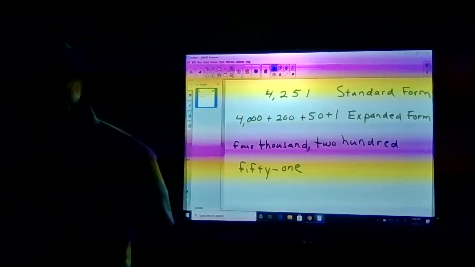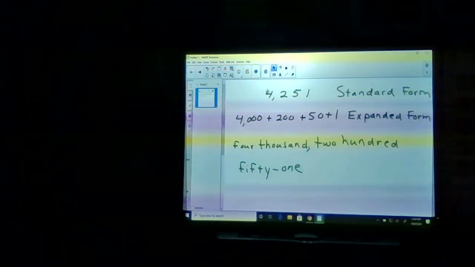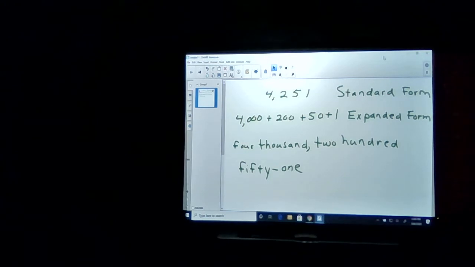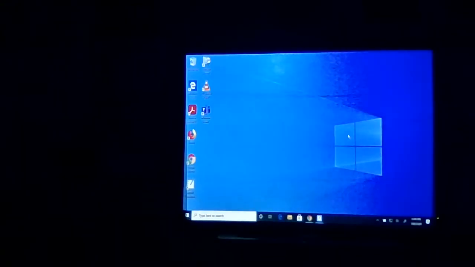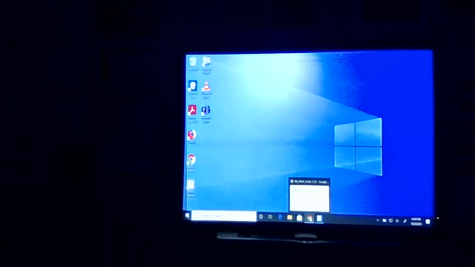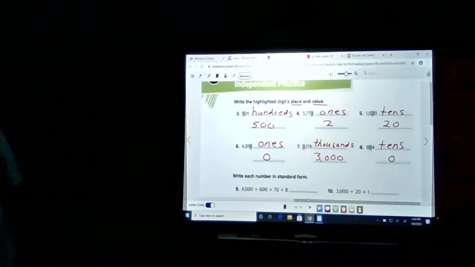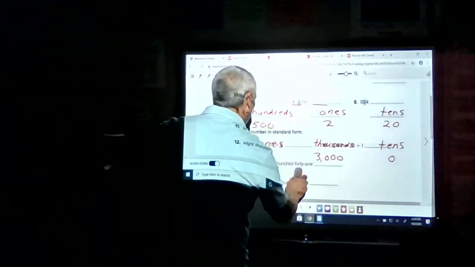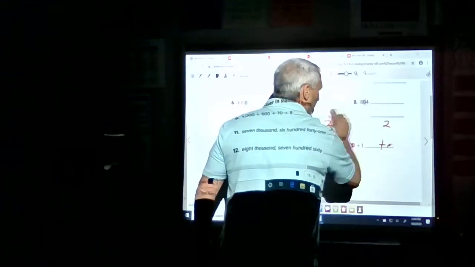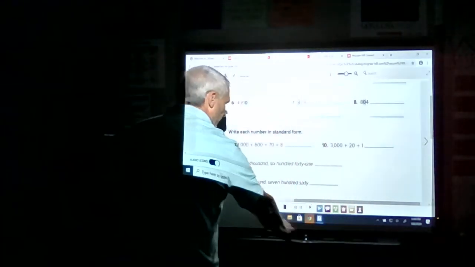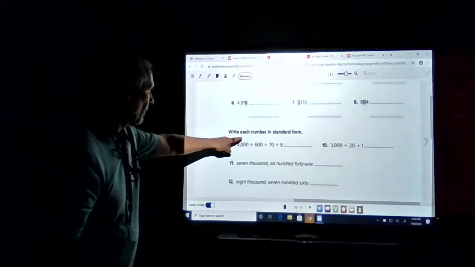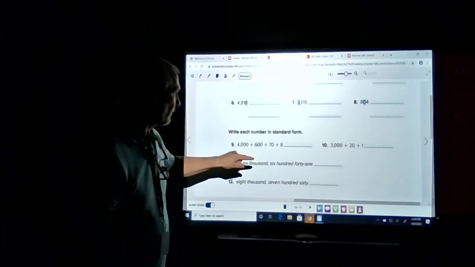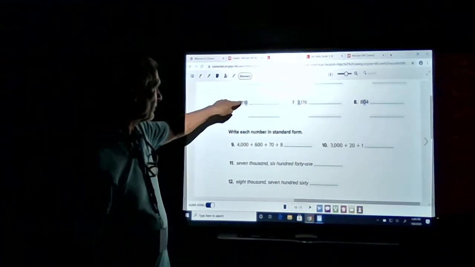Now we'll go back to our other chart. And I'm going to erase these and slide it up. Write each number standard. That's how we usually write numbers like this.